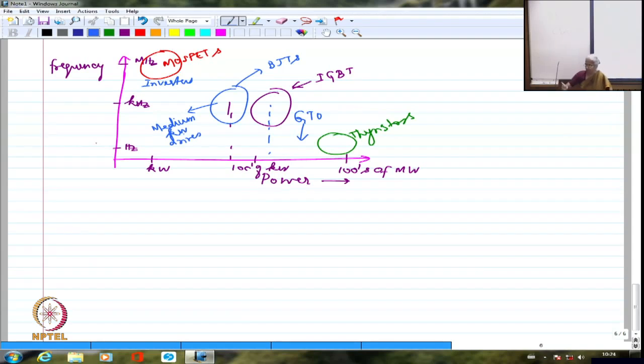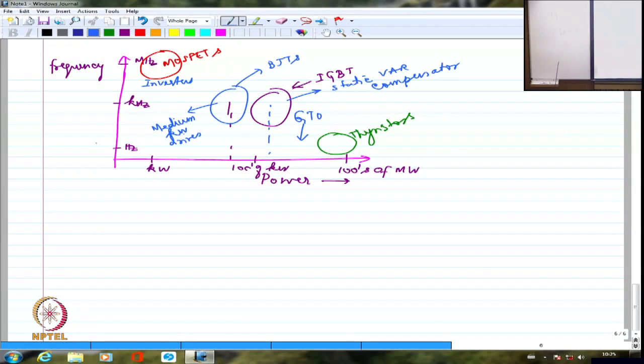So, again, you can say static VAR compensator, we will see what it is at the end, where we are going to make sure that reactive power is supplied. We can put a capacitor to supply reactive power. All of you have realized that power factor can be improved by employing a capacitor, right?